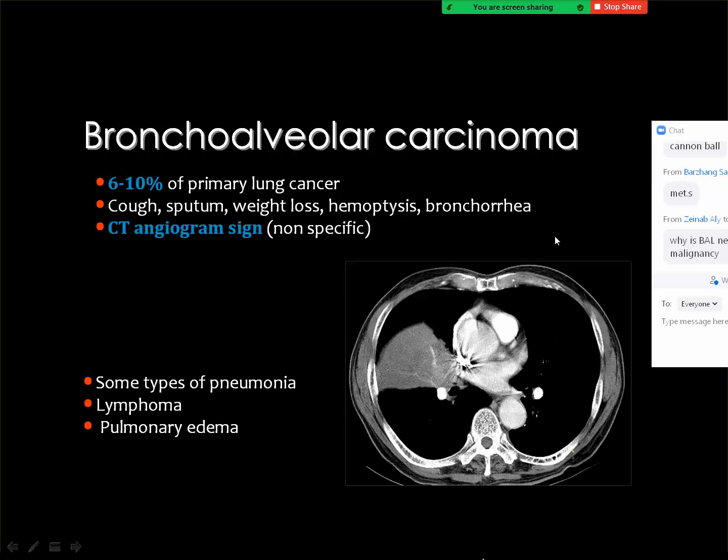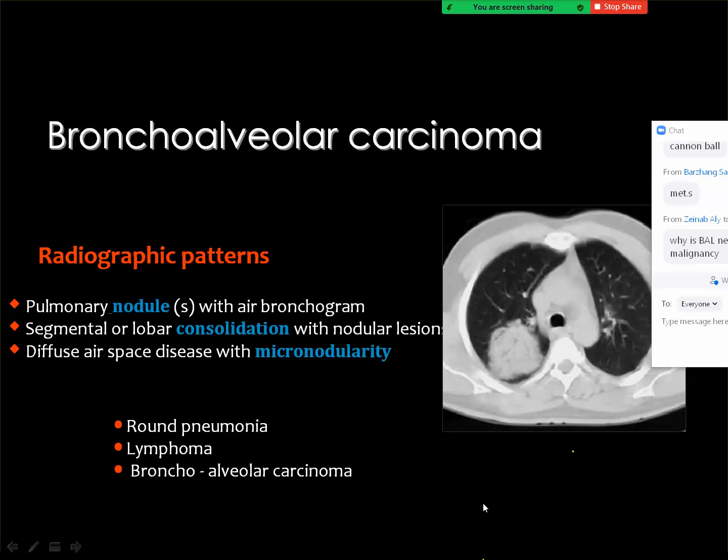Bronchorrhea means a lot of watery sputum, and the CT angiogram sign, which I emphasize, is not specific. You see the vessels on the background of the consolidated lung, and this sign will also be seen in some cases of pneumonia, lymphoma, and sometimes pulmonary edema.